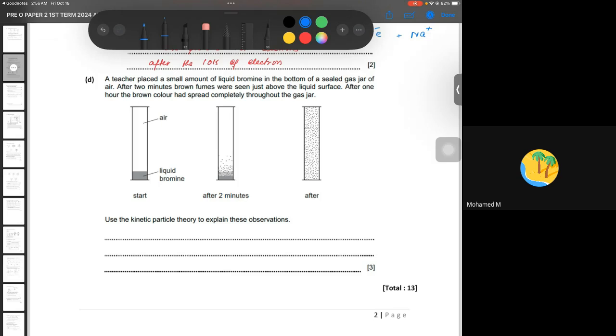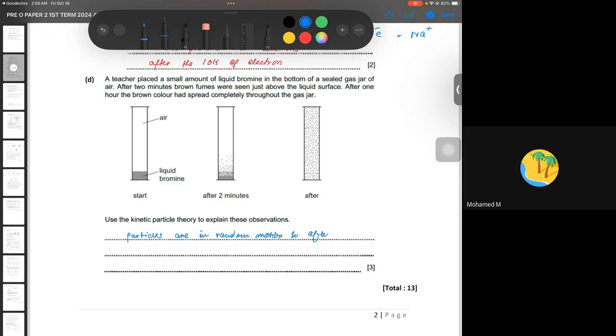So basically, the liquid is evaporated, and then diffusion happens. Basically, it's diffusion when more concentrated particles move to a less concentrated place. Particles are in random motion.